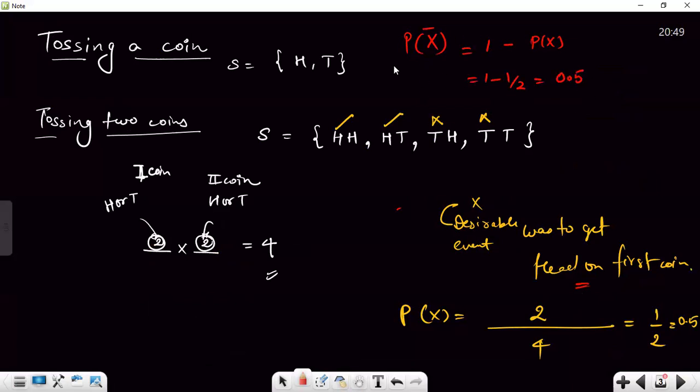That is the probability when there will be no head on the first coin. Let's cross check. When there is no head on the first coin, this is not desirable, this is desirable, this is desirable. How many total cases? Two favorable. How many total likely outcomes? Four. So its probability is also half, 0.5, which is the same as the formula that we just used.